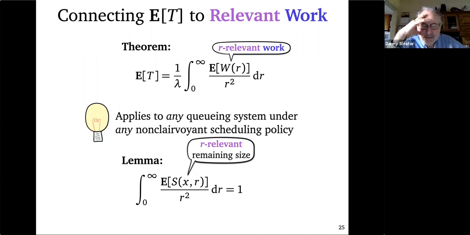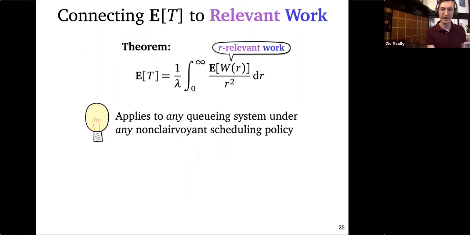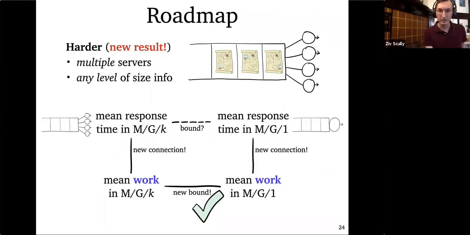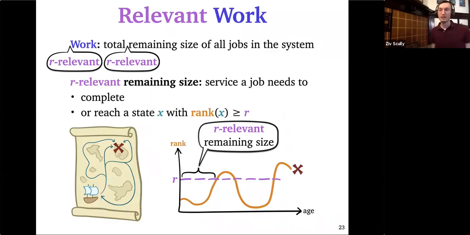Could you go back to that slide that showed the definition of R relevant? Yeah.